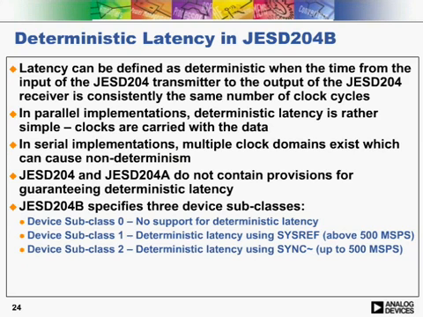These three subclasses are 1. No support for deterministic latency, 2. Deterministic latency using sync bar, which is good with converters that operate up to 500 megasamples, and 3. Deterministic latency utilizing sysref, which is used with converters that operate at sample rates above 500 megasamples per second.